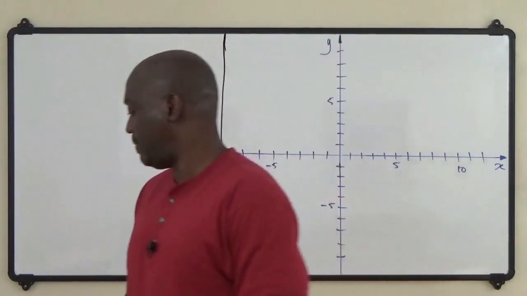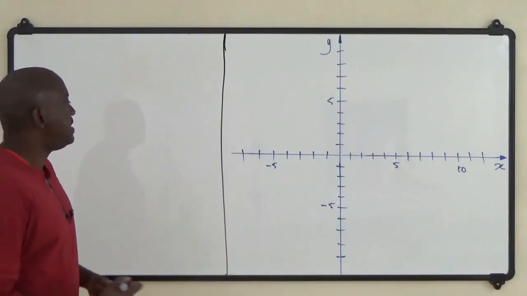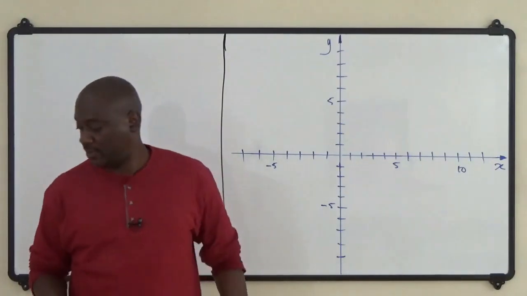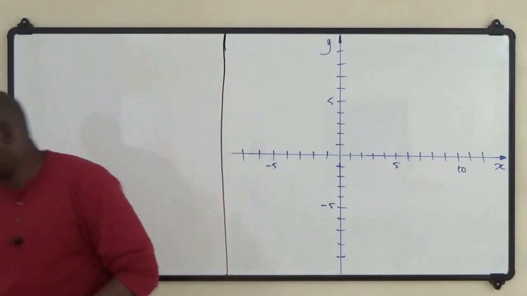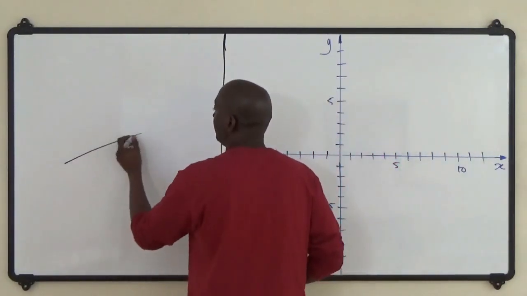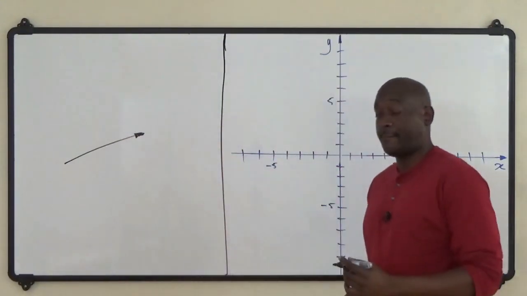All right? So let me start writing now. Yeah? So, generally speaking, when we have to denote a vector, the vector is denoted by a straight line with an arrowhead showing the direction. All right?